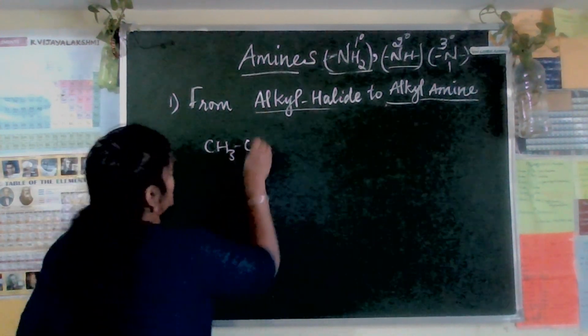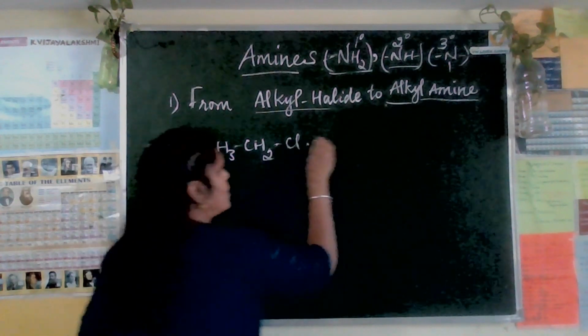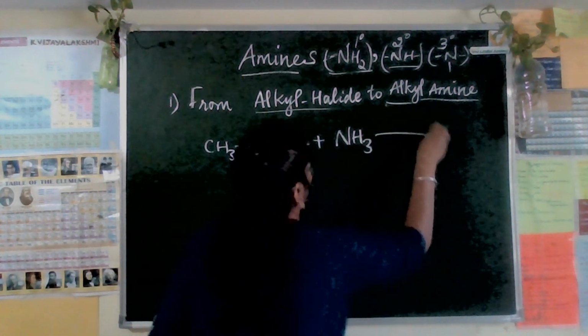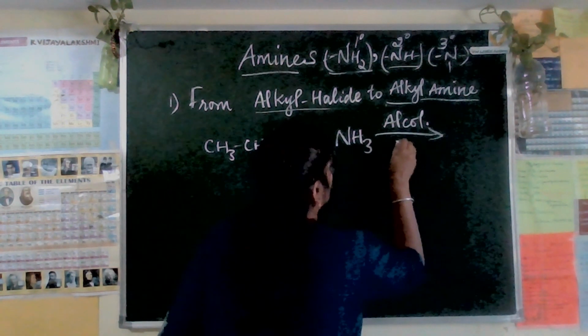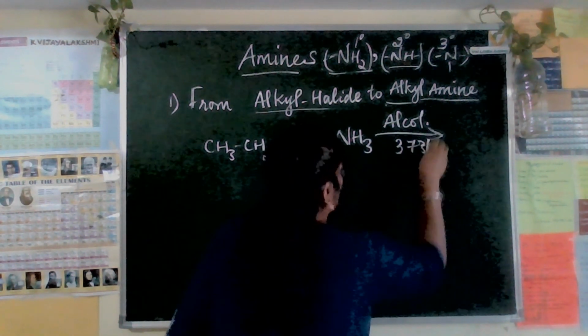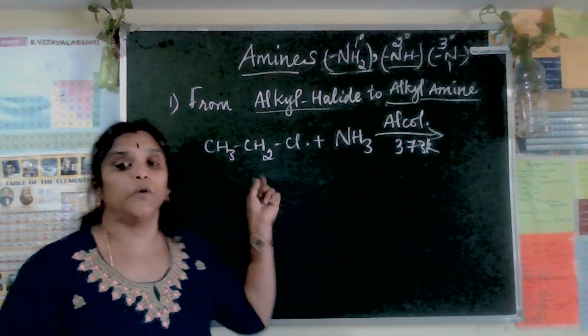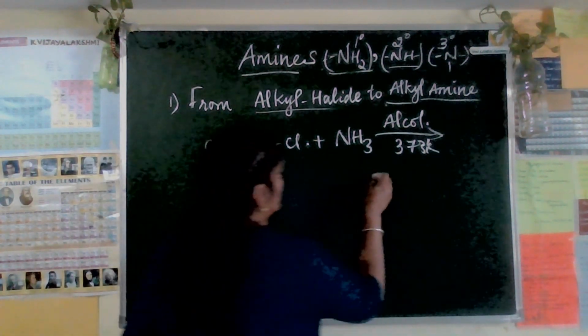CH3CH2Cl, alkyl halide, combined with alcoholic ammonia at 373 Kelvin in a sealed tube. You are taking these two contents. Now what do you get here?